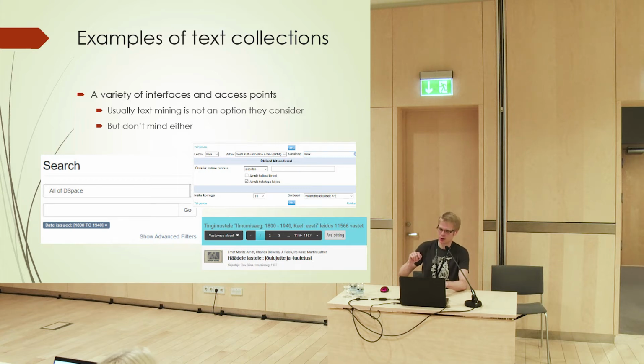And when you get this automatically recognized text from the picture, it usually isn't that good. There are a lot of character errors, but it can be used for some purposes as well.